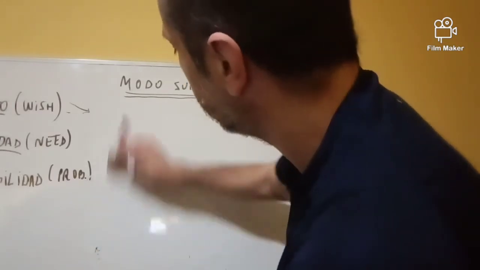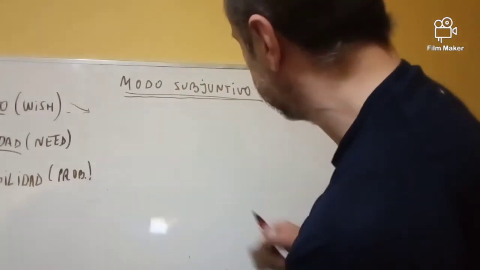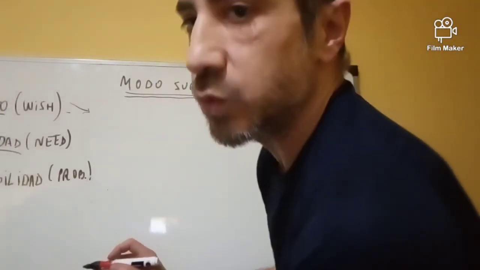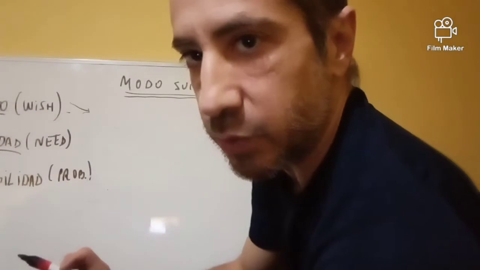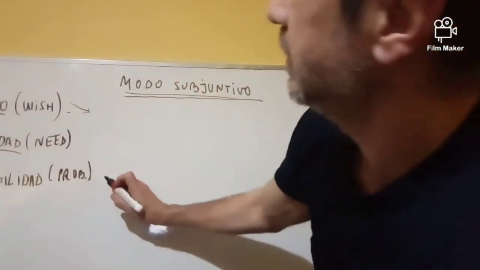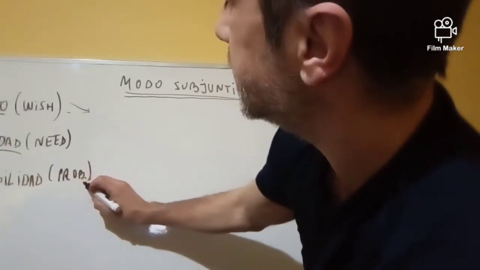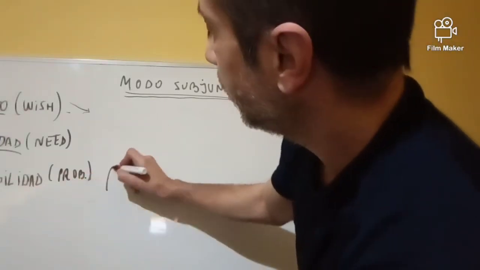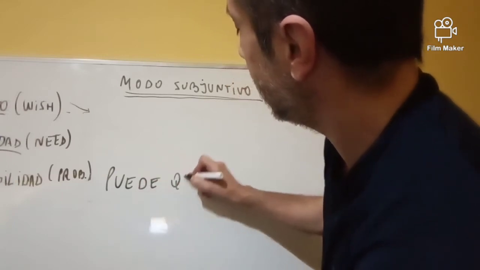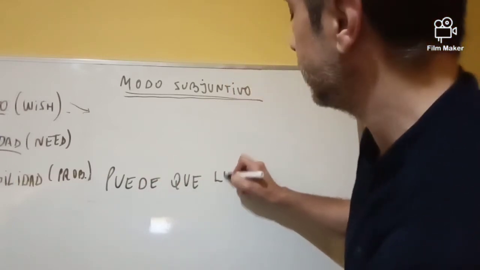We make many sentences with modo subjuntivo in which we don't use these words. For example, as for probabilities, puede que llueva.